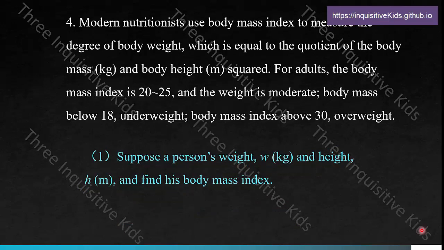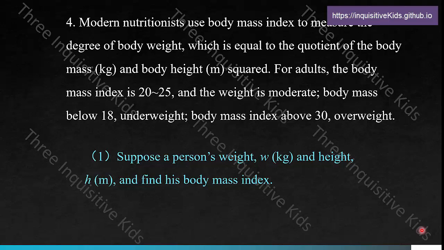4. Modern nutritionists use body mass index to measure the degree of body weight, which is equal to the quotient of the body mass, in kilograms, and body height, in meters squared. For adults, the body mass index of 20 to 25 is moderate weight. A body mass index below 18 is underweight, and a body mass index above 30 is overweight.